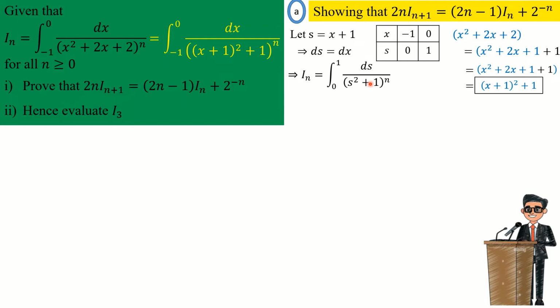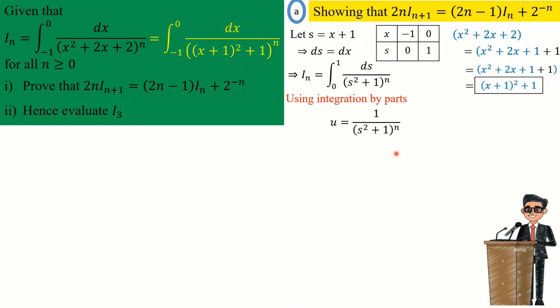Your u is a function you can easily differentiate and your dv is a function you can easily integrate. In this case, if I differentiate 1 over s squared plus 1, the denominator is going to have n plus 1, and if I work it out, maybe I can get an In+1 from there. That's how you begin to build your proof to know what to let be u and what to let be dv. So if I use integration by parts in this case, I will let u be equal to 1 over s squared plus 1.